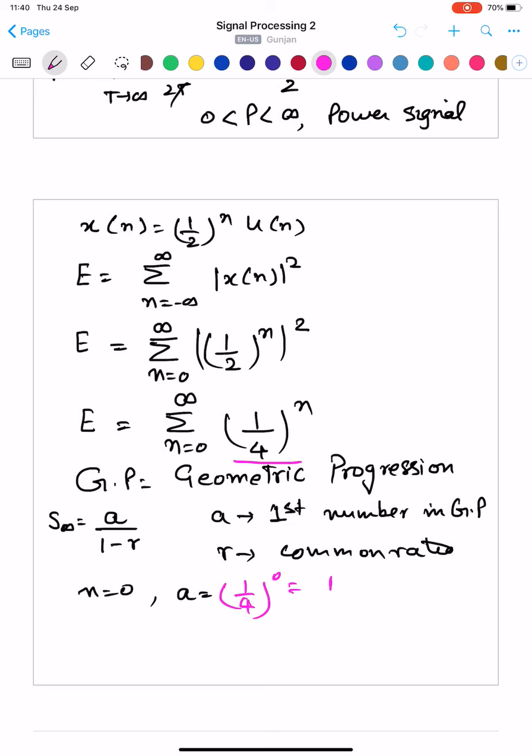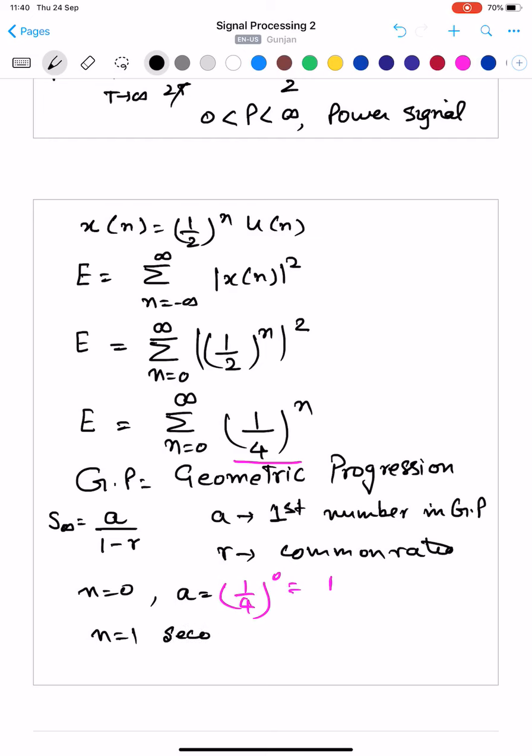In order to find the common ratio r, you need to find your second term. The second term is when you put n equals 1. So the second term of the GP is 1 by 4.